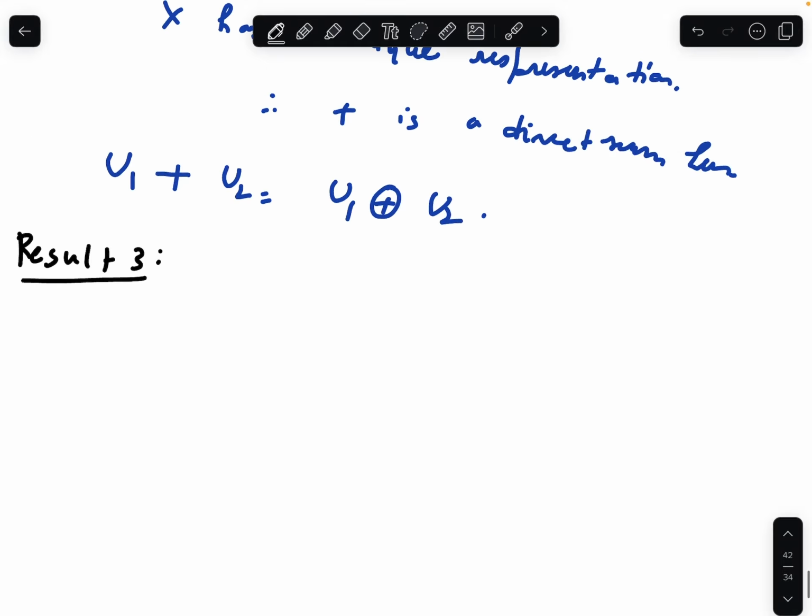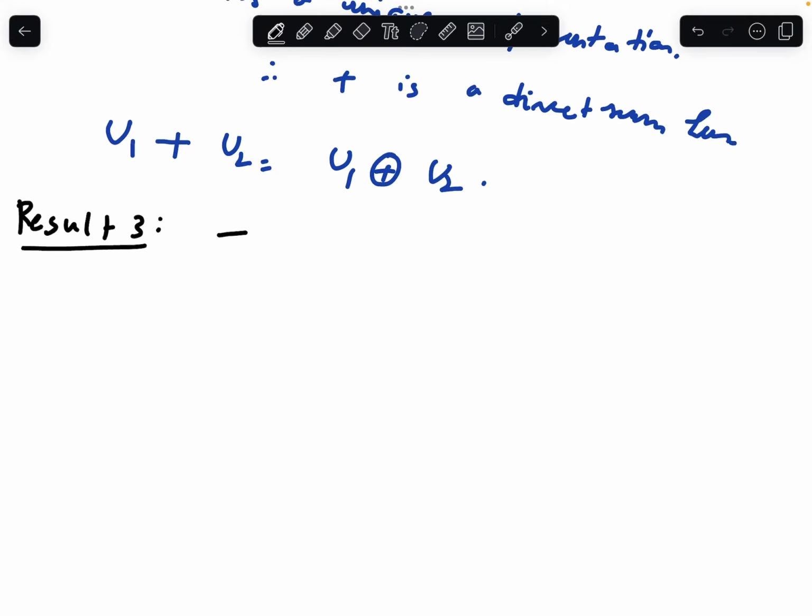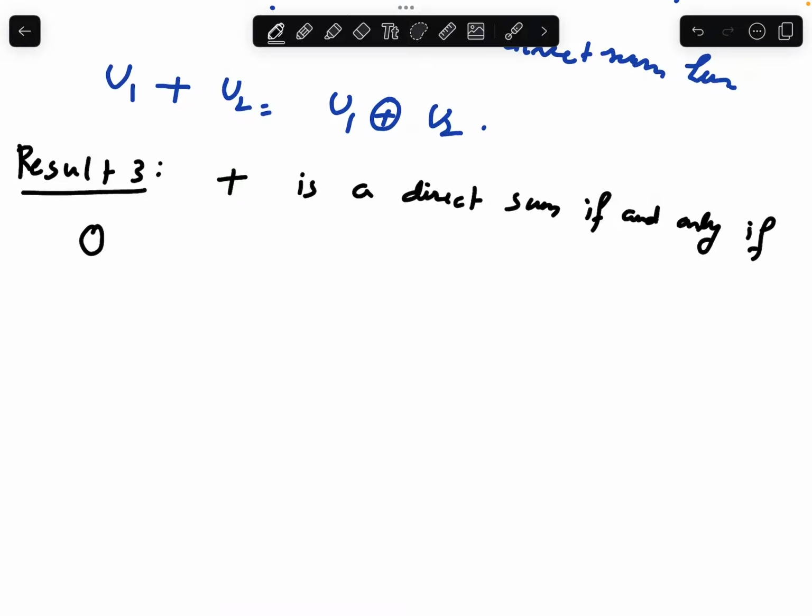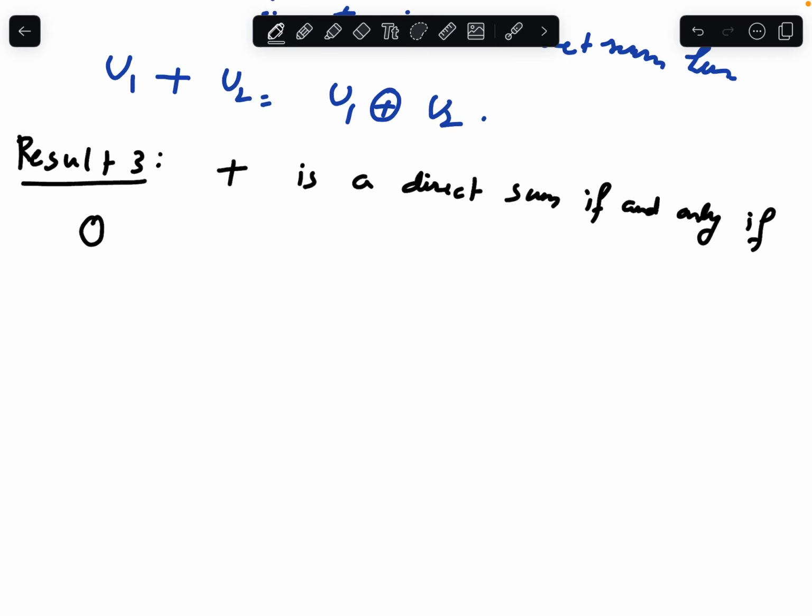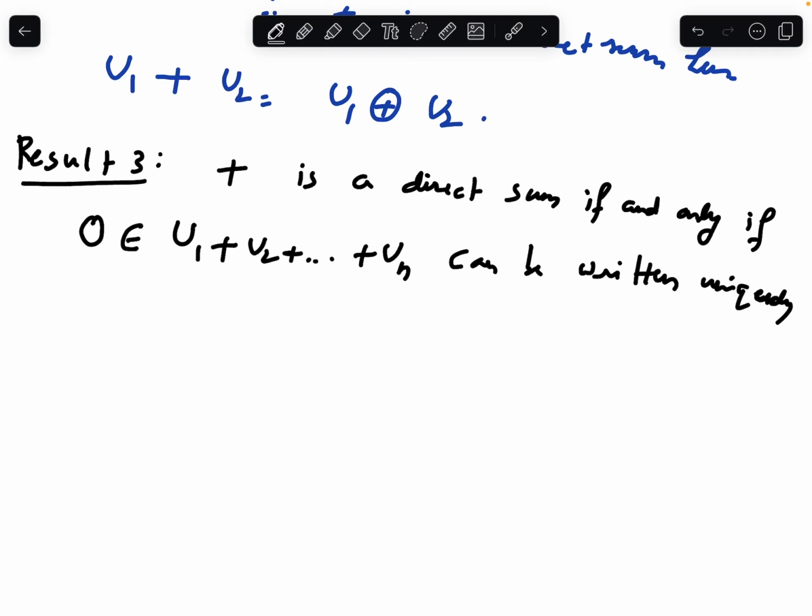It says that the sum is a direct sum if and only if 0 inside U1 plus U2 plus Un can be written uniquely as 0 equal to 0 plus 0 plus 0.